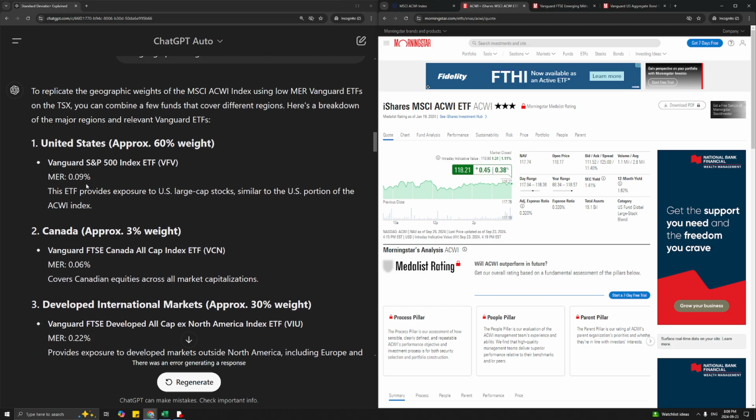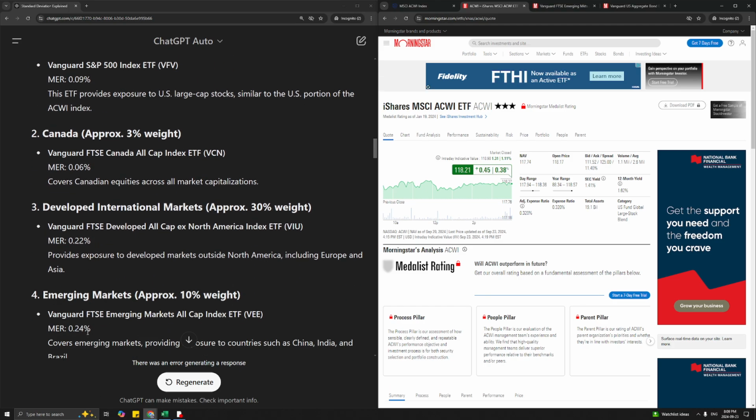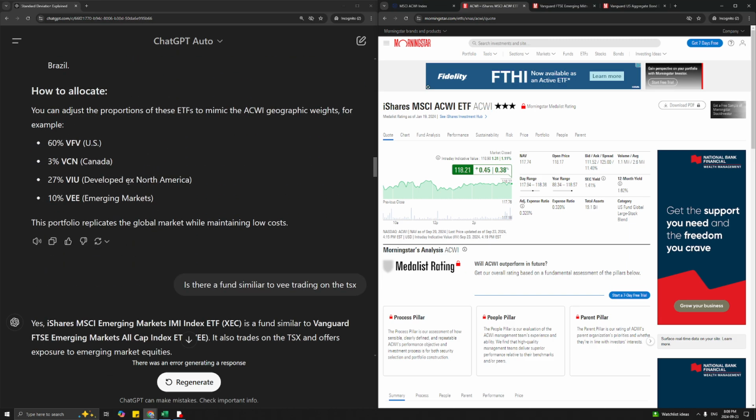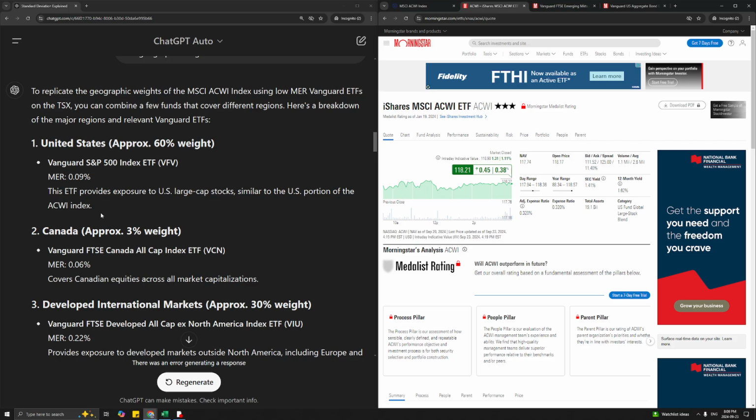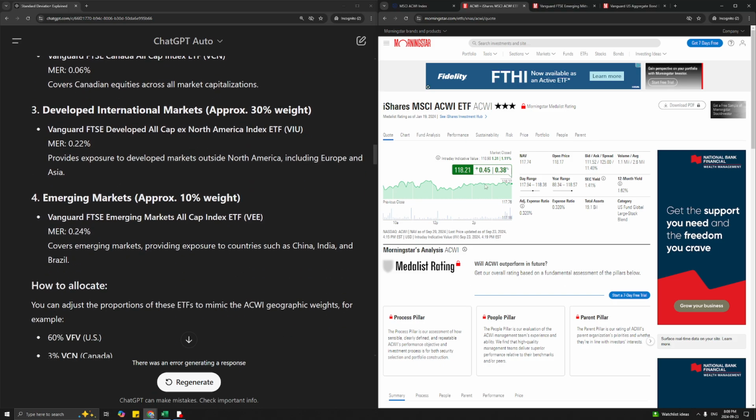If I do the weighted average of 0.9, 0.6, 0.22, and 0.24 based off of these weights, I'm going to get way below 32, right? None of these are even 32 bips. So I hope I can beat the ACWI at least. That's my dream goal, okay?